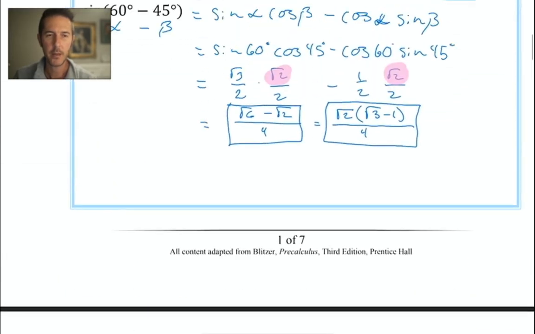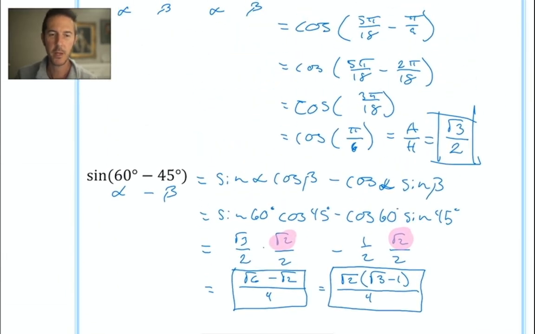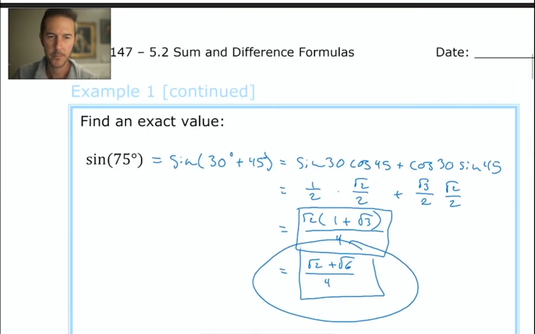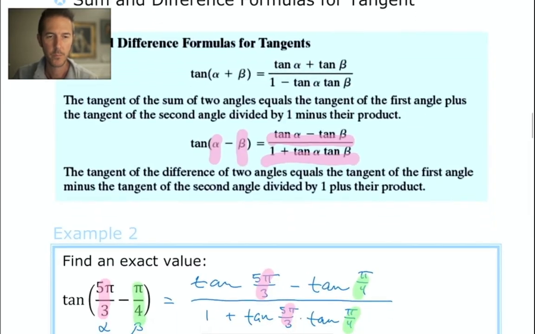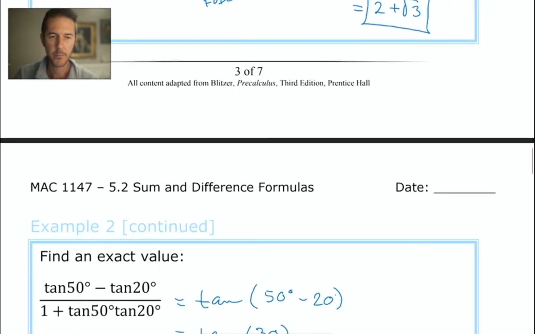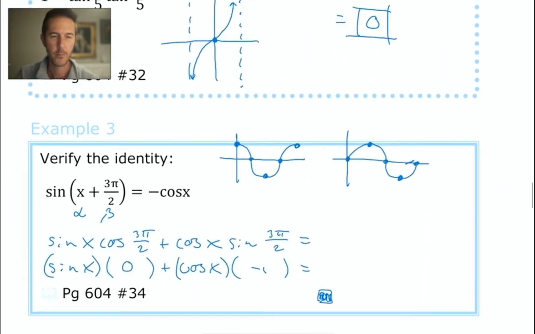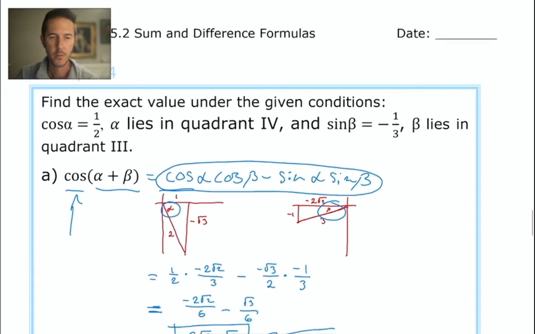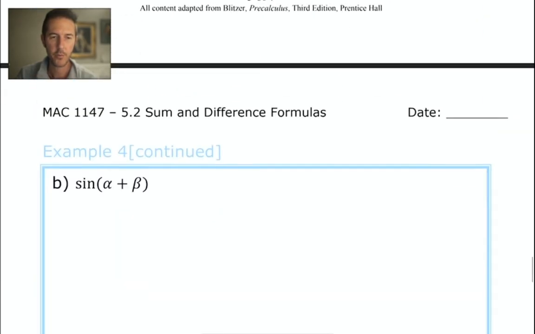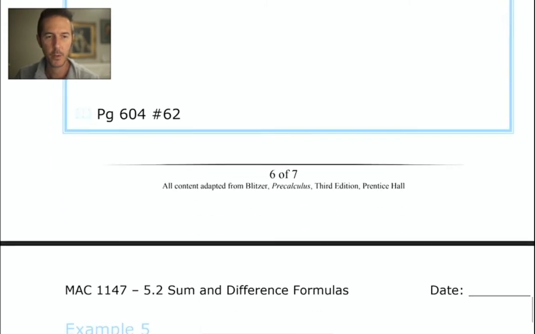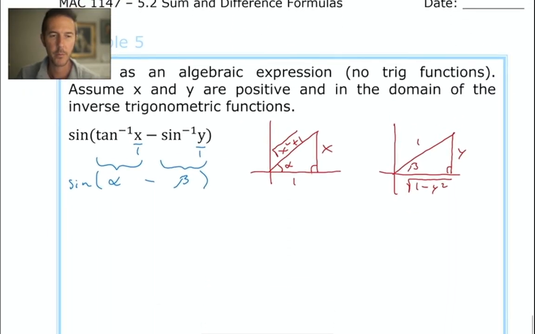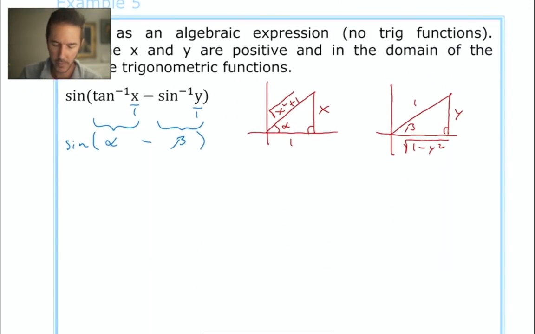Alpha plus beta. Hey, alpha minus beta. There it is. So it's sine cosine minus cosine sine. Now all I have to do is remember that. Sine cosine minus cosine sine. Maybe if I just keep saying it over and over again, I'll be able to remember. All right, that was a lot of scrolling. Thanks for hanging with me.